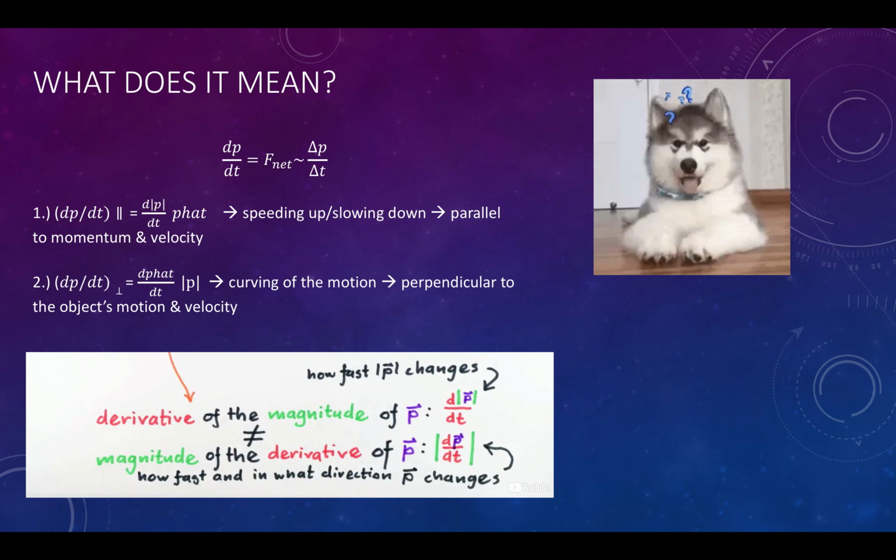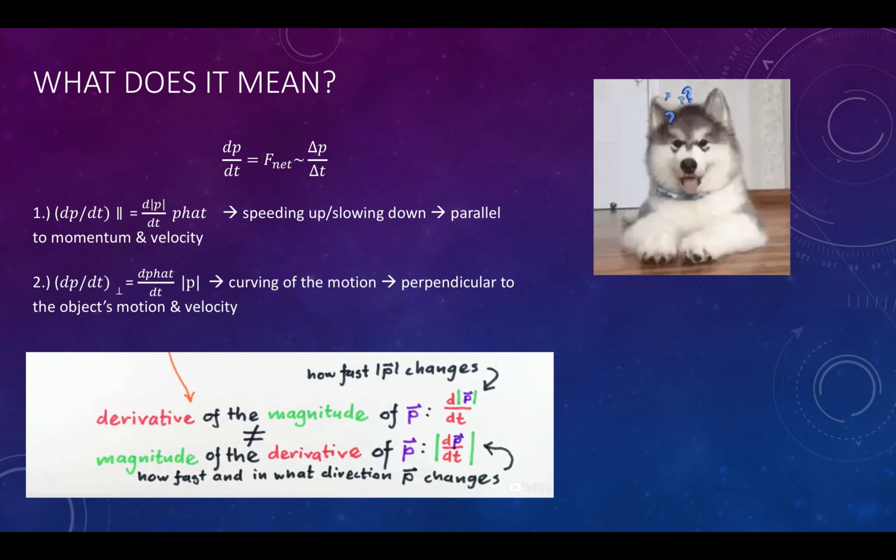We can estimate for a small delta t that the change in momentum over the change in time is equivalent to dp dt, which is equal to the net force, and of course, the mass times the change in velocity over time. Since F net is composed of the perpendicular and parallel components of net force, so is dp dt. Using the product rule, the parallel component of dp dt is equivalent to d magnitude of p dt times p hat, and the perpendicular component is equivalent to the magnitude of p times d p hat dt.